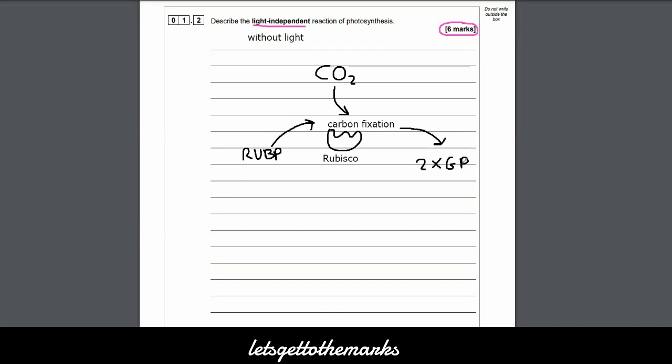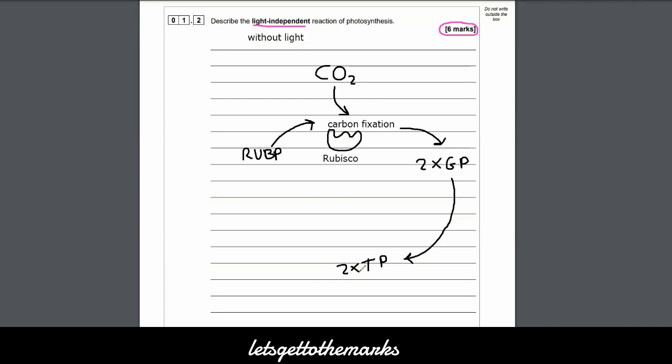This 6 carbon molecule breaks down to form 2 glycerate 3-phosphate molecules, and we can just write 2 times GP. These molecules are then reduced. They're reduced by using energy from ATP, 2 molecules of ATP, and also using hydrogen and electrons from NADPH.